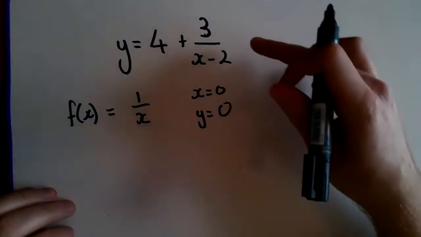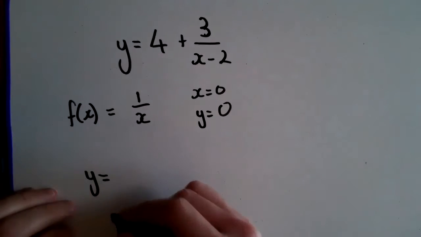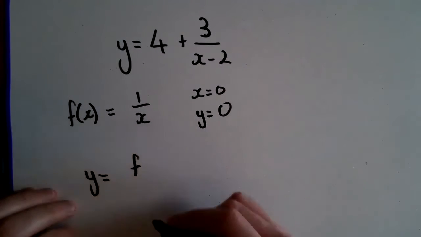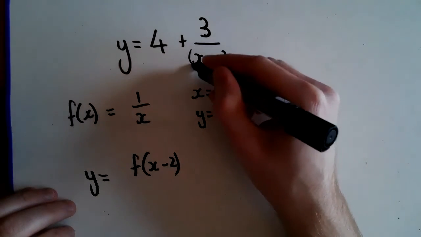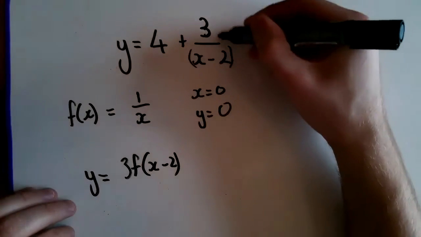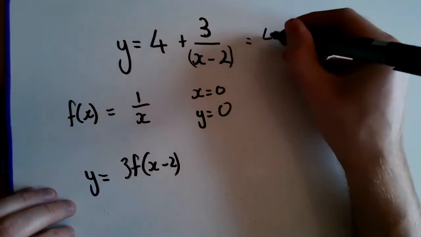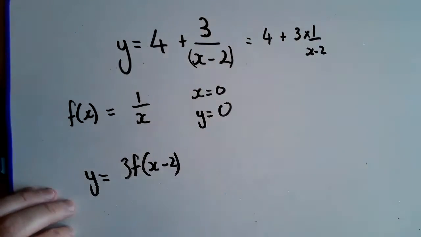Nice and simple. And if we try and write y in terms of f of x, well, it's f of x minus 2, so I take away 2 from the x. Look, there's invisible brackets on the fraction. I times that by 3, because that's the same thing as 4 plus 3 times 1 over x minus 2, isn't it?